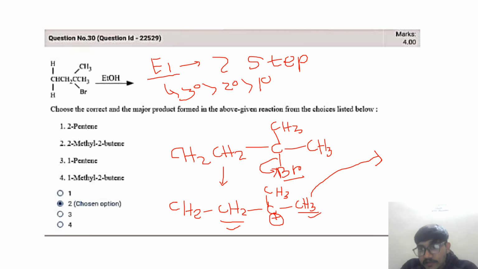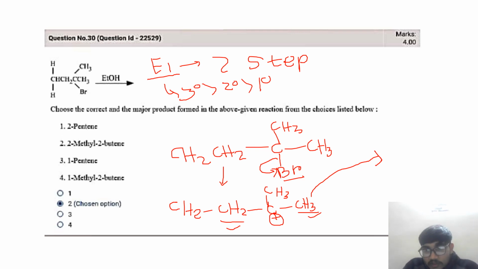Now it is time to apply the Saytzeff rule. The Saytzeff rule tells us that the alkene which is going to form from the elimination reaction, the product which is going to be major, is the one that contains the maximum alpha hydrogens.